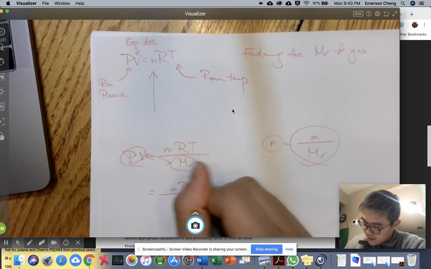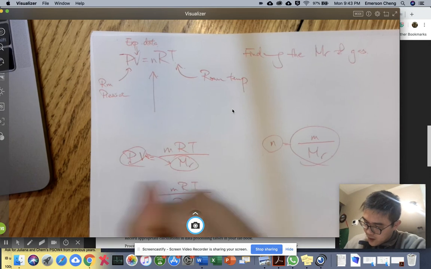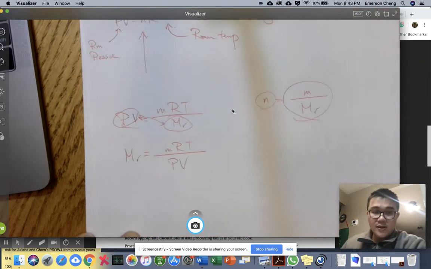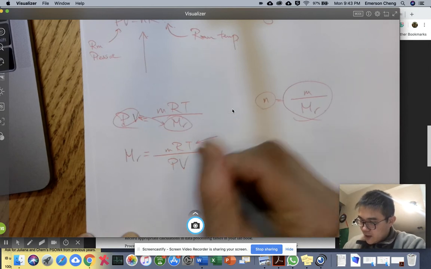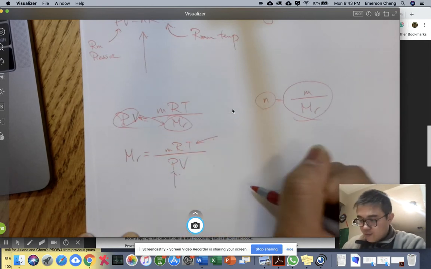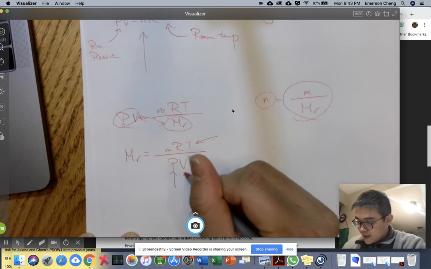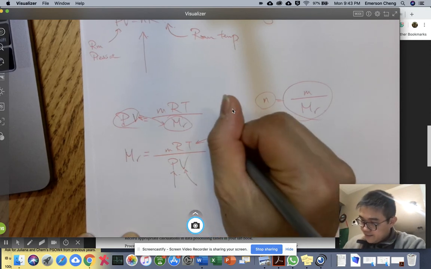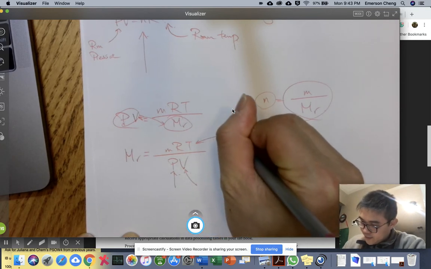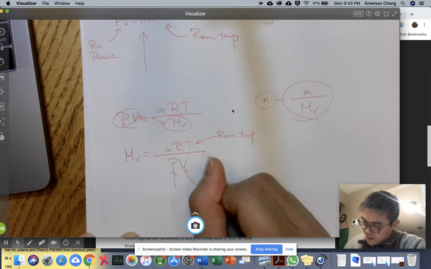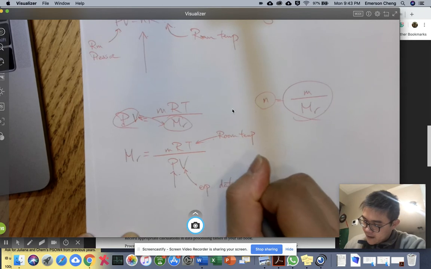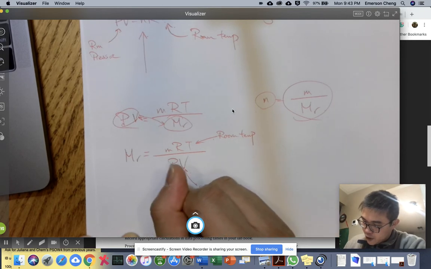So you end up having PV here, molar mass here. We said this is room temperature, atmospheric pressure of the room, and this is experimental data, the air pressure of the day.